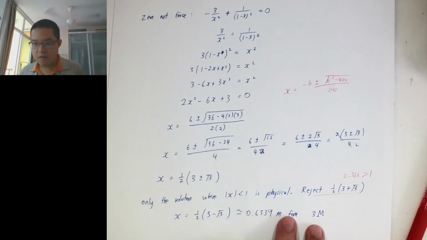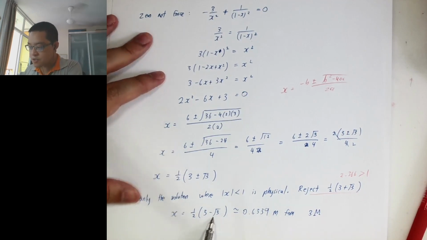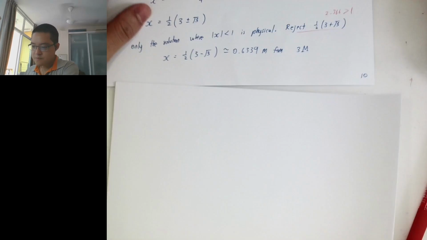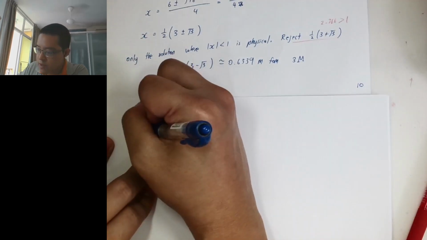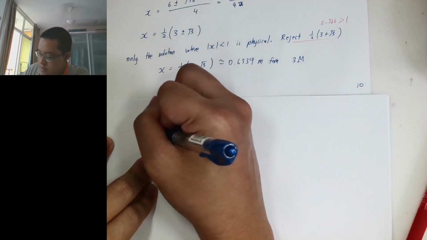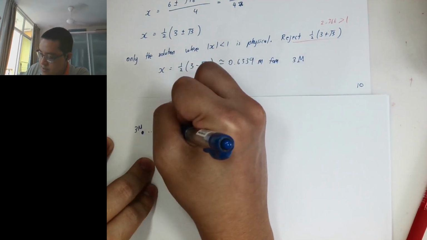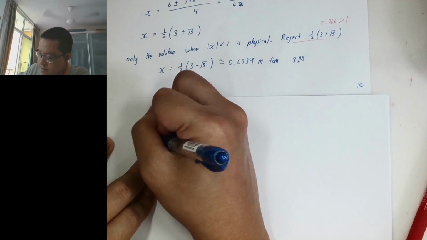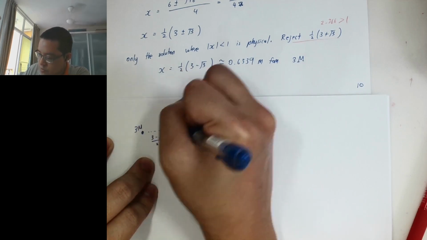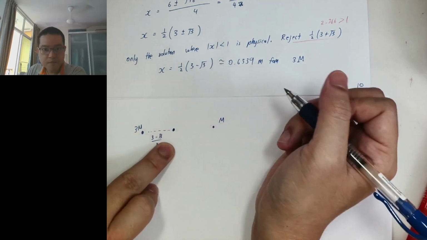Okay, so the reason is this. The solution that we got is here. So I have 3m, and then I have m over here. So this is the distance of 3 minus square root 3 over 2. So this is my solution 1, right?